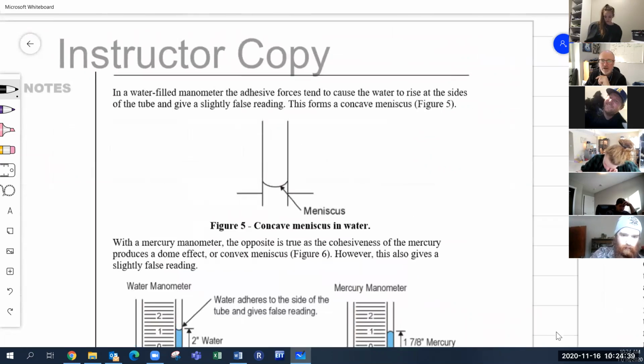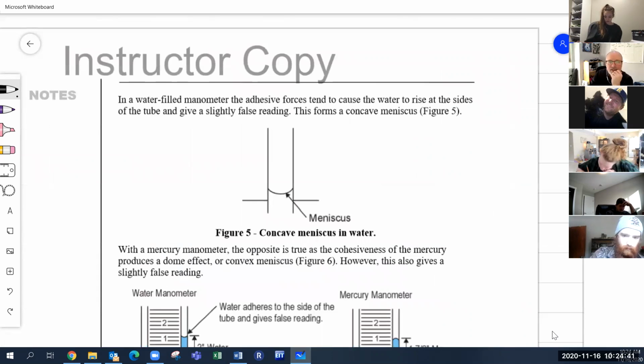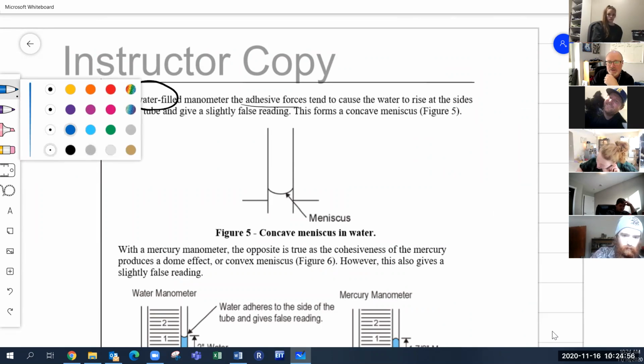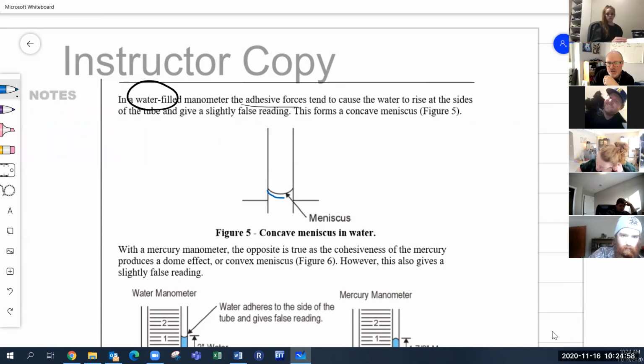So the next thing is when you fill water in a tube, okay, that's important, water in the tube, water will exert adhesive forces, and water will tend to make a kind of meniscus in a tube.